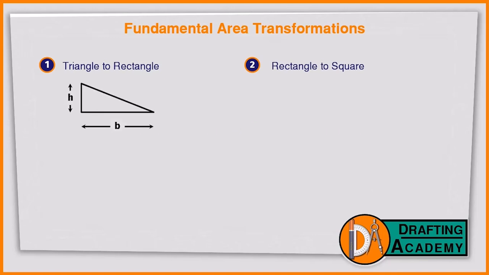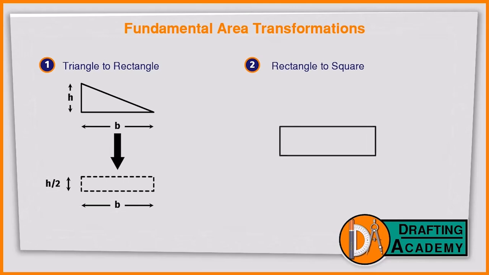Earlier in this video, we looked at how a triangle is converted into a rectangle. The procedure is very simple. We will have to construct that triangle that has been given of a particular base and a height. Then to make it into a rectangle of the same area, we're just going to divide the altitude, which is the height, by 2. You must note that the base of the triangle is kept constant.